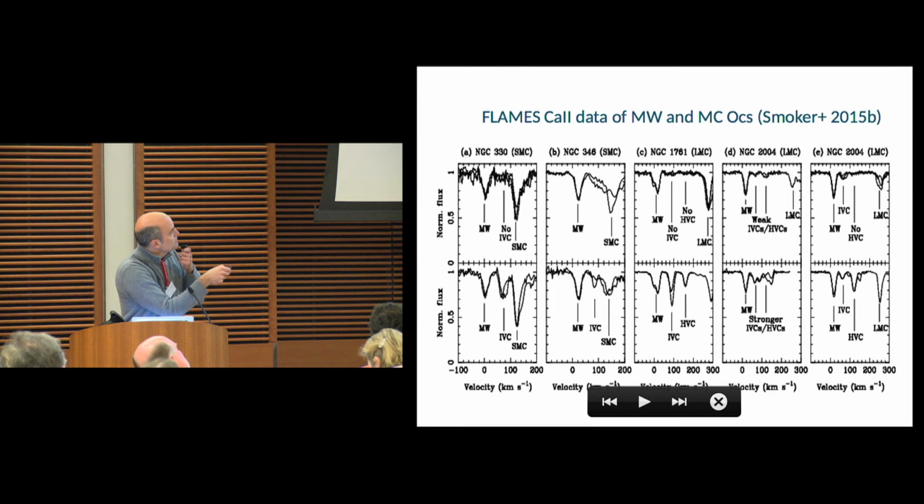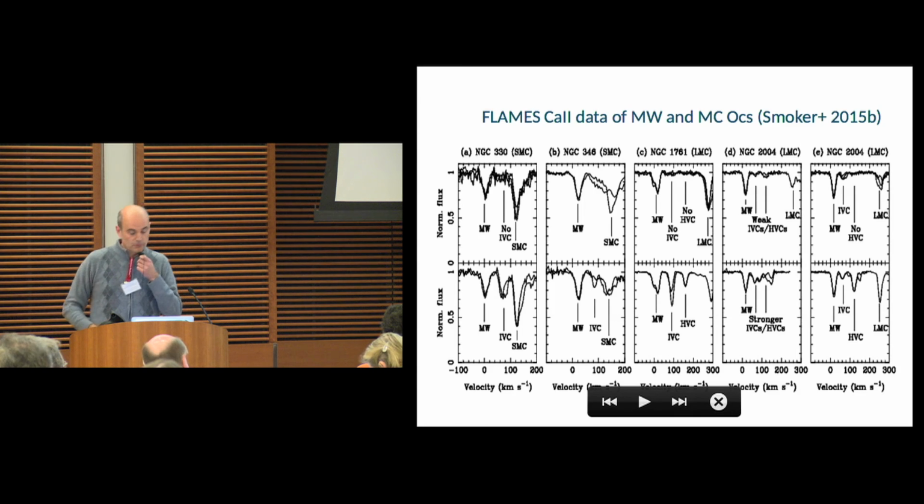For the Milky Way component, typically the variation is something like 10%, whereas for the intermediate and high velocity cloud component, for example in this cluster, there's absolutely nothing visible here, and here we're about 10 arc seconds away on the plane of the sky, and we see a variation by a factor of approximately 10. This is all done in the calcium II line.